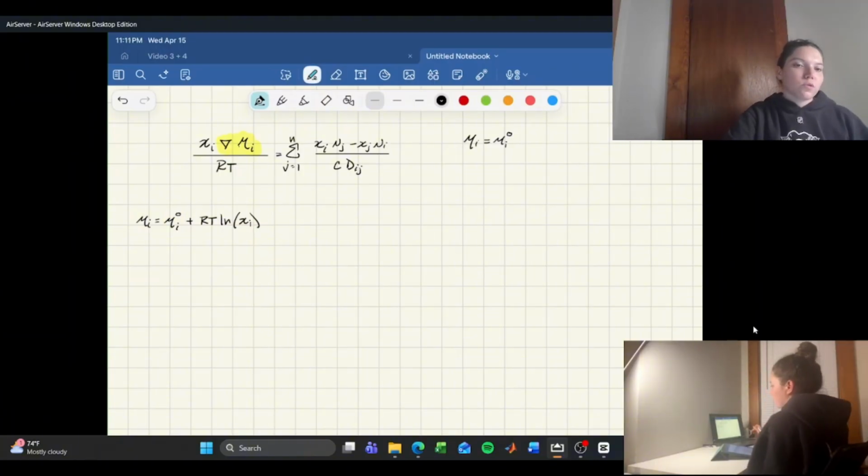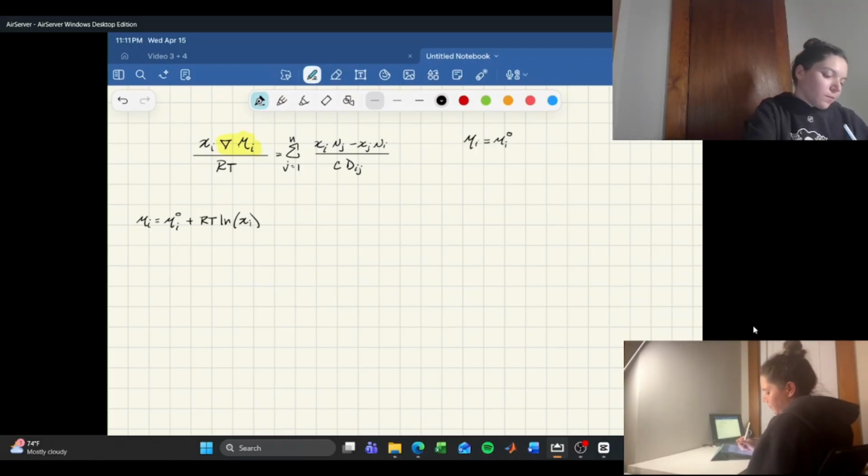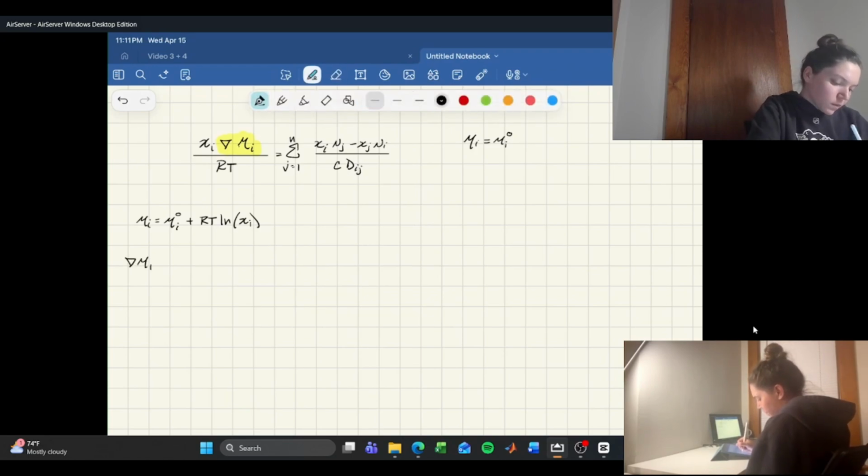So we want to be able to put this into the Stefan-Maxwell equation. Up here we have that the chemical potential gradient is going to be equal to the change in chemical potential over the change in position.